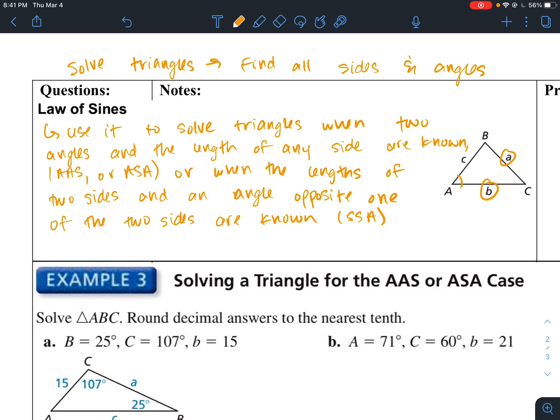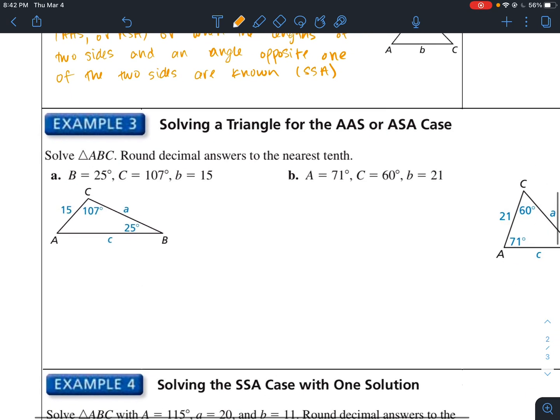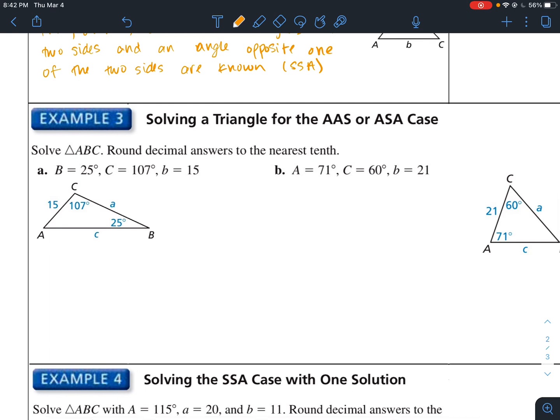So you see how if I know side A, and here if I know side B, if I also know angle A, or if I also know angle B, then I could use the law of sines. Okay, and let's go through several examples of these, solving whenever we know an angle, angle, side or a side, side, angle.